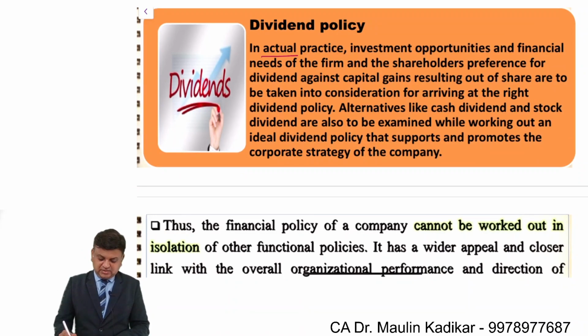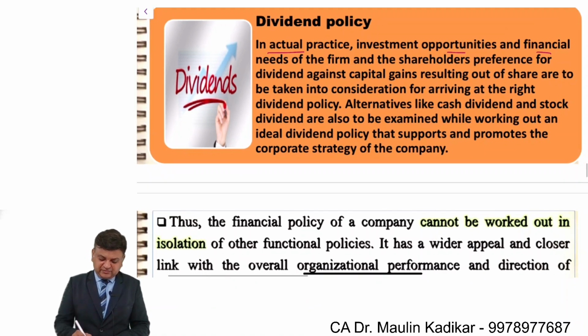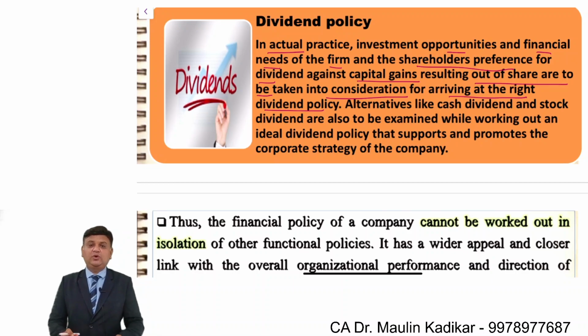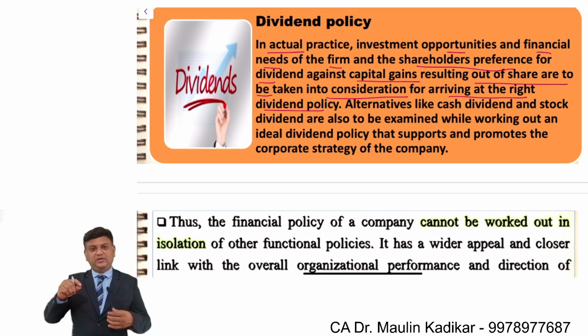In actual practice, investment opportunities and the financial needs of the firm, and the shareholders' preference for dividend against the capital gain resulting out of the share, are to be taken into consideration for arriving at the right dividend policy. So it says that a number of times investors have more psychological satisfaction when they receive the dividend in cash instead of appreciation in the price.